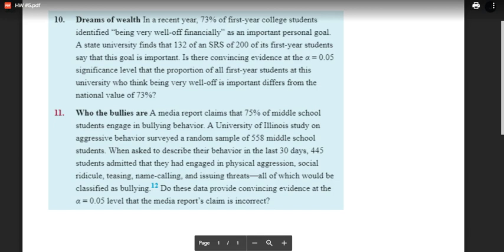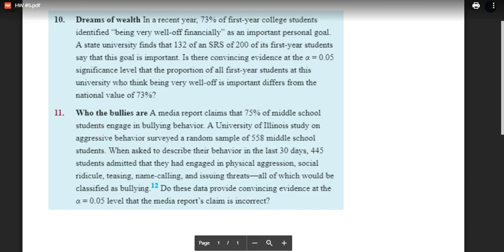So there's my p hat. What's my n? Just said it. 200. And my alpha is given at 0.05. Number 11. What's my Ho and my Ha? My Ho, p equals 0.75, is given to you right there. And my Ha, p does not equal 0.75.